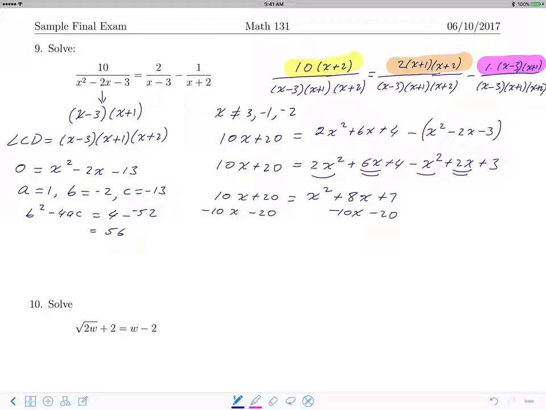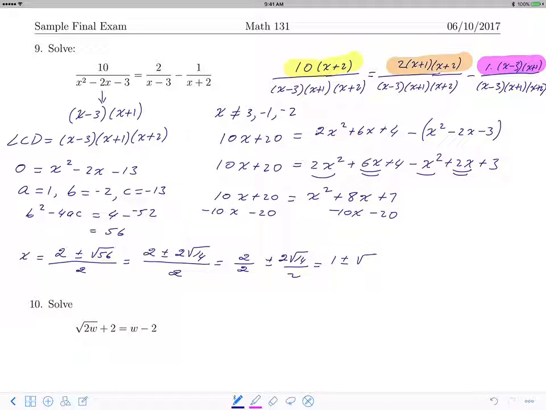Okay, and then the quadratic formula is x equals negative b, so that's 2, plus or minus square root of the discriminant over 2 times a, 2 times 1. If we simplify square root of 56, it's 4 times 14, so we get 2 square root 14 over 2, and that's 2 over 2 plus or minus 2 square root 14 over 2, which gives us 1 plus or minus square root of 14.